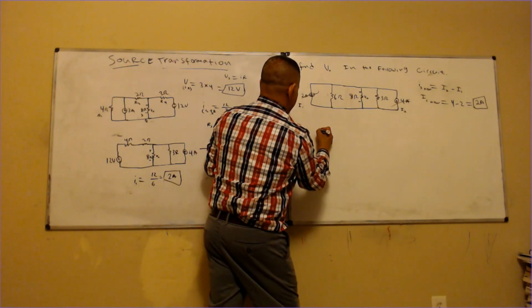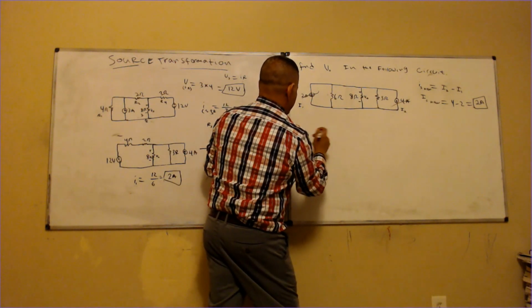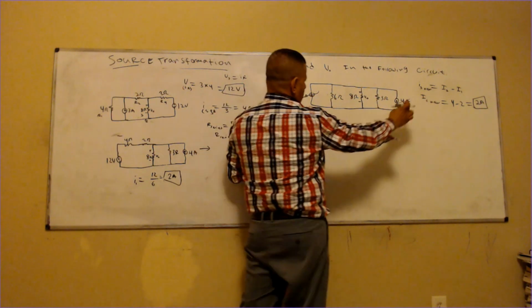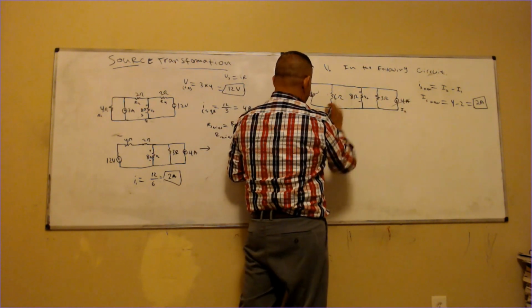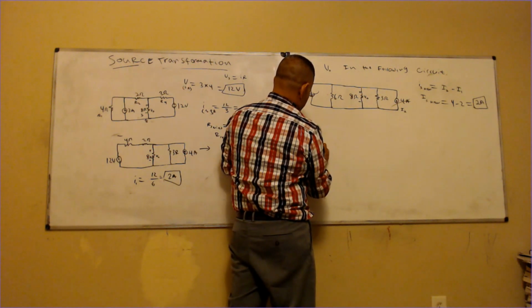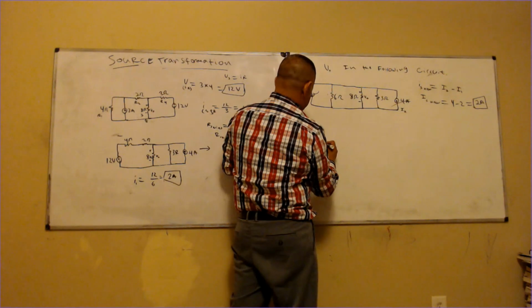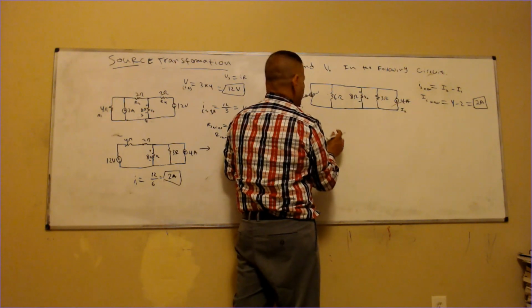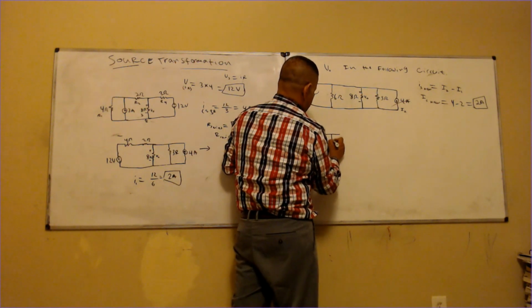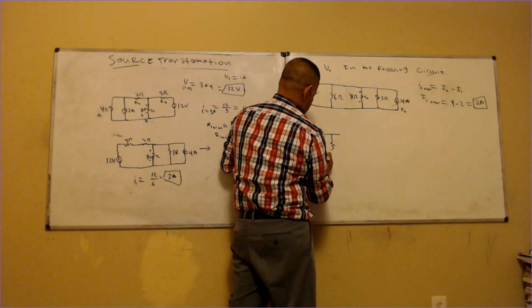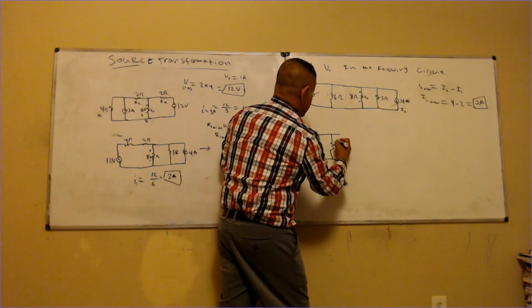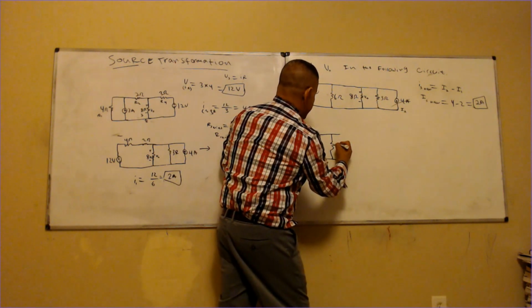So you're going to have a source of, I'm sorry, a resistance of 6 ohms, right? And then it's going to be 8, so it's going to be 8 ohms, right?